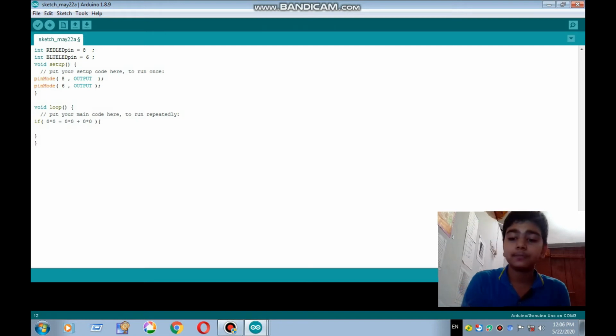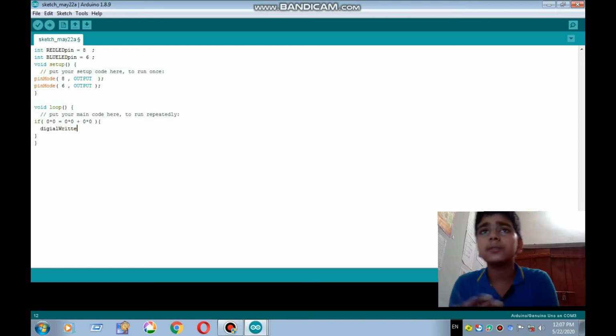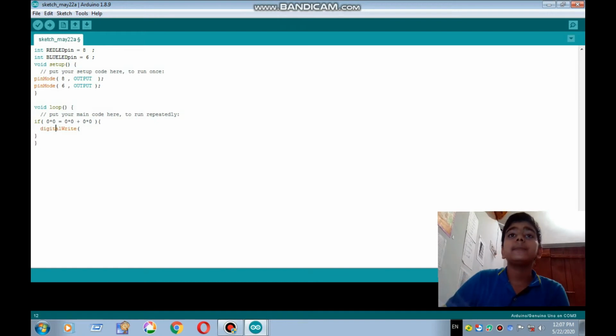So we write digital. We are connecting the pins to digital pins of the Arduino, so we write digitalWrite. There is some mistake. DigitalWrite, and then we write the pin number 6, HIGH.